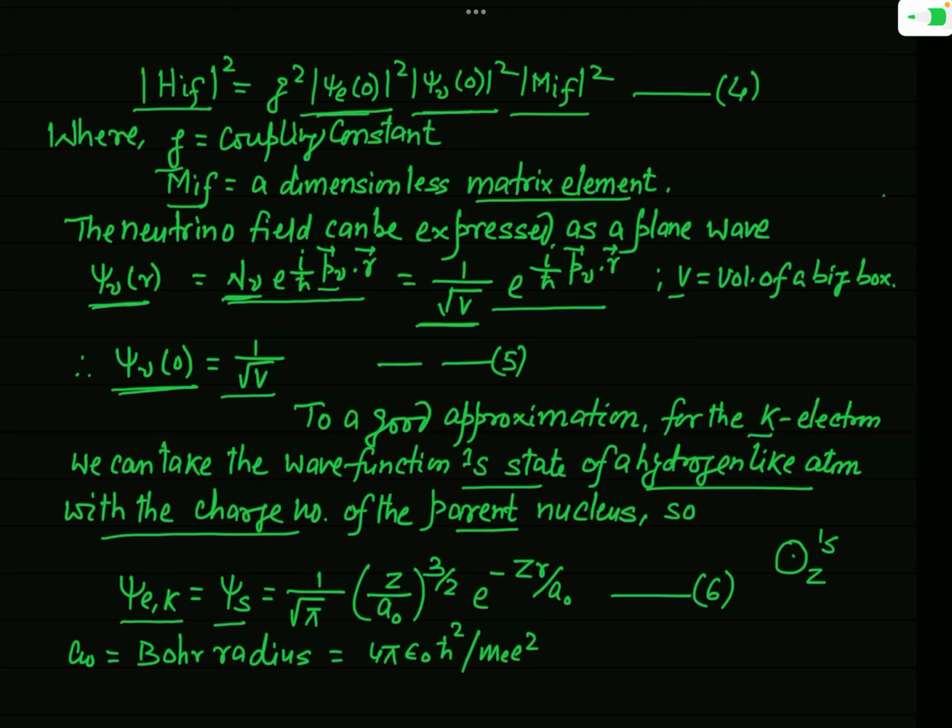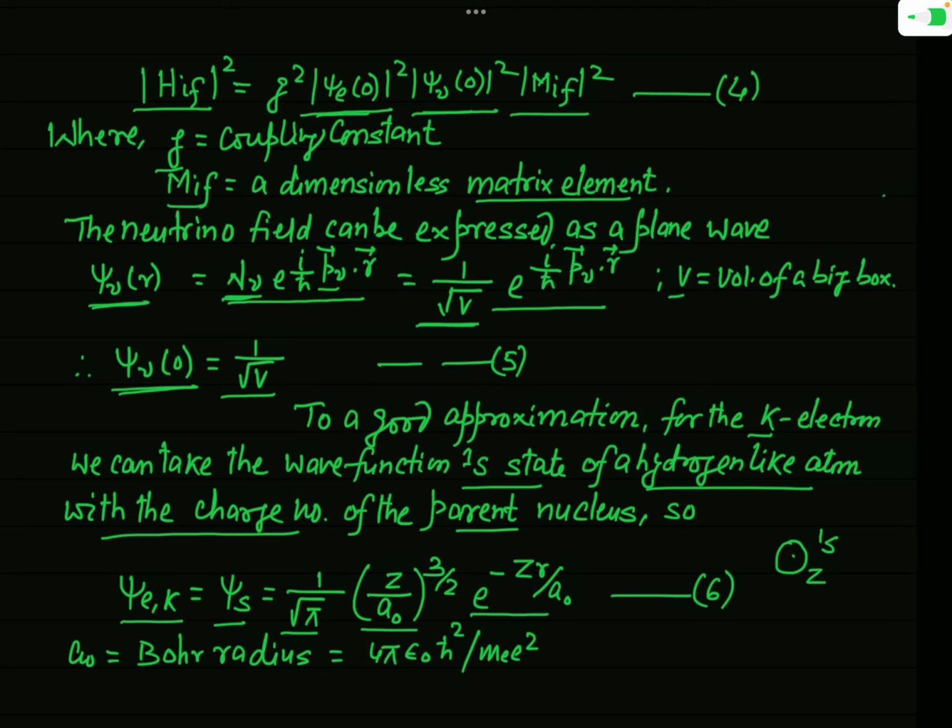And remember, if you have studied the hydrogen atom problem, this psi s is equal to 1 over root pi times z over a naught whole to the power 3 by 2 times e to the power minus zr by a naught. You have to remember it. I have written this result directly, and it is the subject matter of the hydrogen atom problem of quantum mechanics. You can see any standard textbook on this subject and you will find this formula there.